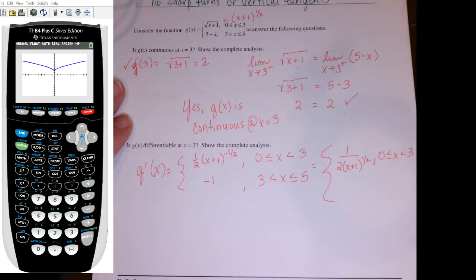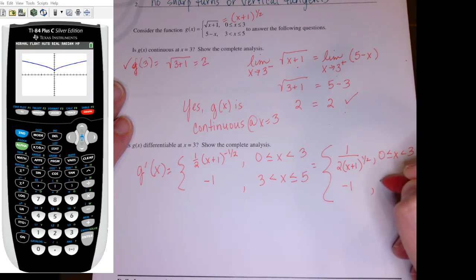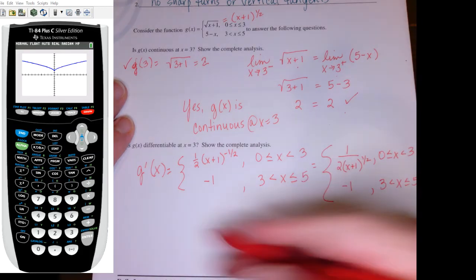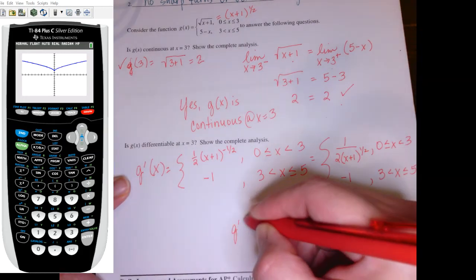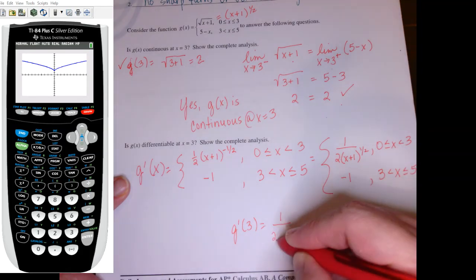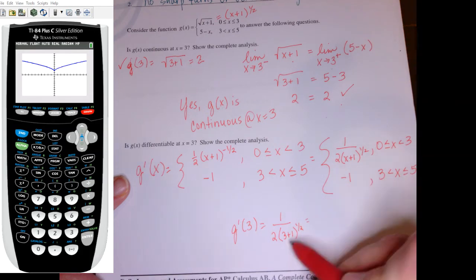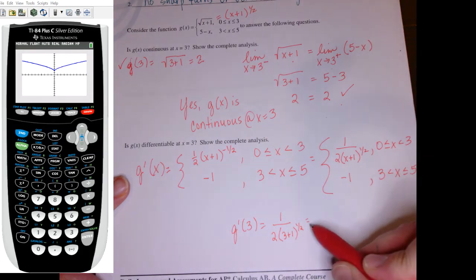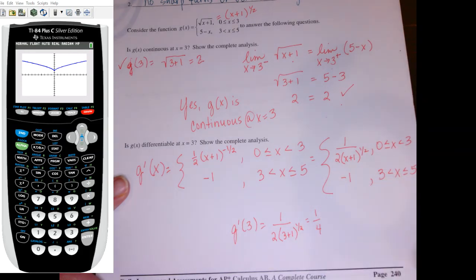So I'm just cleaning it up just a hair. Let's find out what the derivative at 3 from the left would be: 1 over 2 times 3 plus 1 to the 1/2. 3 plus 1 is 4. 1/2 power would be 2. So I get 1/4 here.